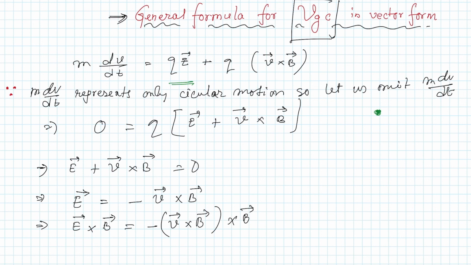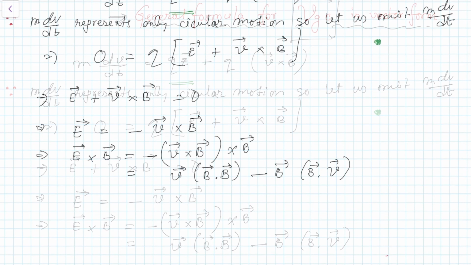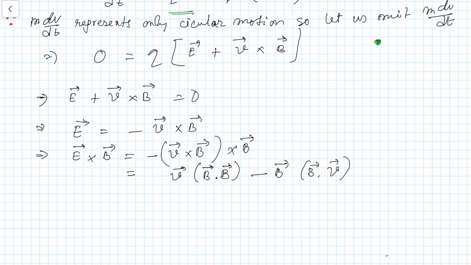So let us apply the law of vector triple product. Then we will get B(B dot v) minus v(B dot B). Now here you see this B dot v will be equal to 0.